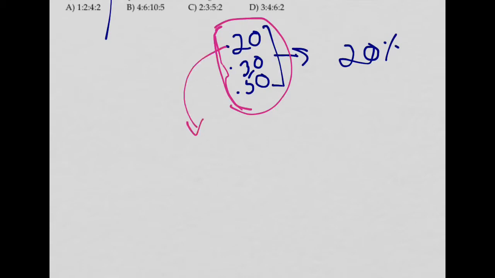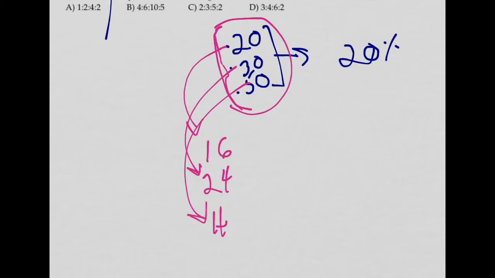That means that the 20% guy will give up 4% and go to 16. This guy will give up 6% and go to 24. This guy will give up 10% and go to 40. That leaves us with just enough to bring in a credit balance of 20. And of course, that's not the way you balance it. This is what they will become.